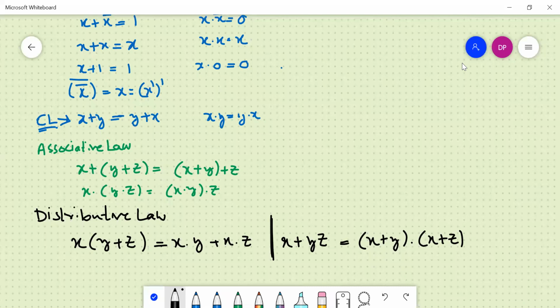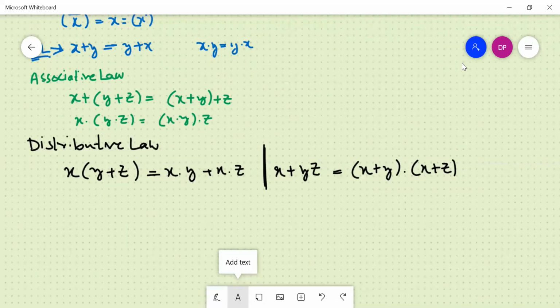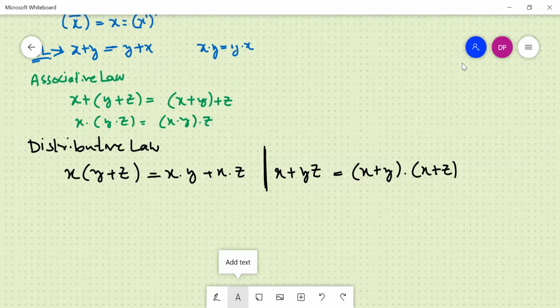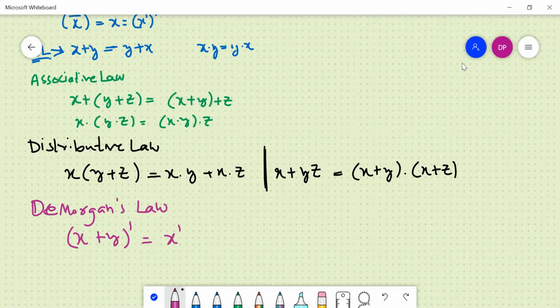So next we'll write De Morgan's law. Who can say? Take De Morgan's law. X or with Y, complement, can be written as X complement and with Y complement.